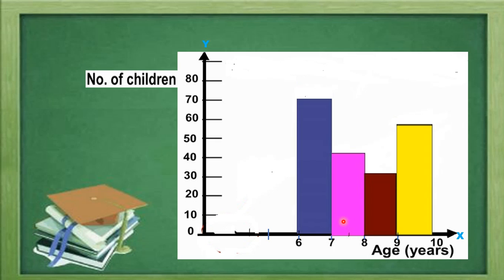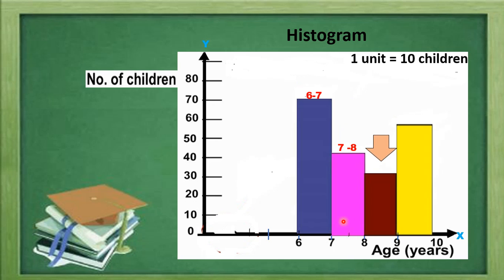Here we can write the scale we have chosen: 1 unit on the y-axis is 10 children. The rectangle for 6 to 7 shows that the number of children in the 6 to 7 age group is 70, and the rectangle for the age group 7 to 8 shows 45.